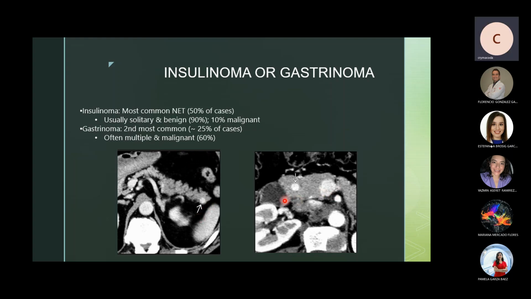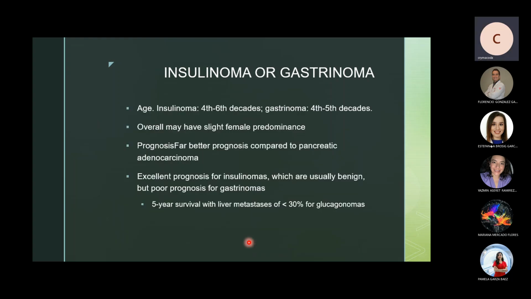This is an example of a hypervascular lesion in the tail of the pancreas. Then the diagnosis in this image is an insulinoma. Insulinoma occurs in the 50s and 60s decades, and gastrinoma in the 40s and 50s. Overall, there may be a slight female predominance, and a better prognosis compared to pancreatic adenocarcinoma.